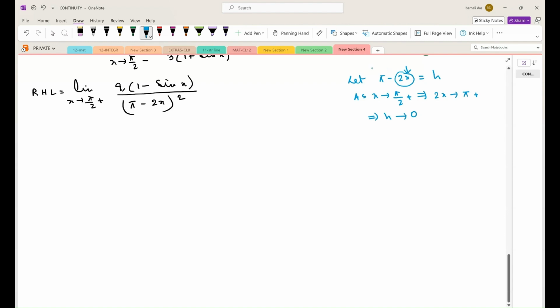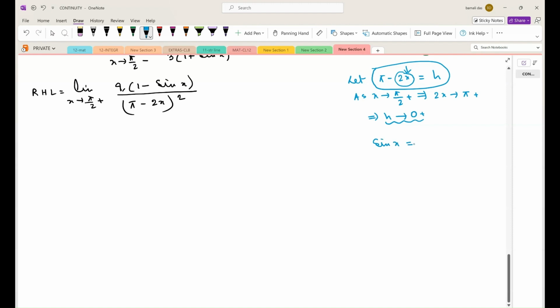So if you make this substitution, that is you change over from x to h, then in terms of h, the limit will be h tends to 0 from the right. And what will happen to the numerator? The numerator contains sine x.